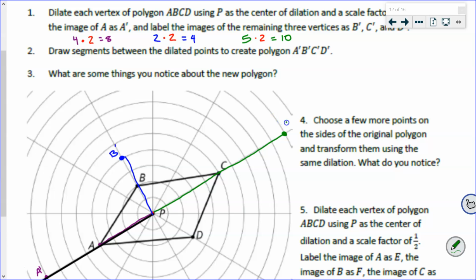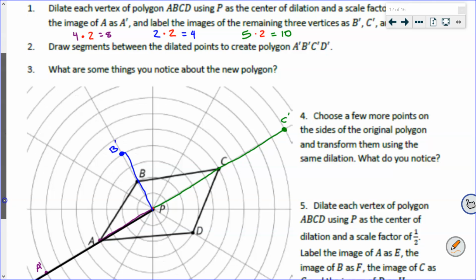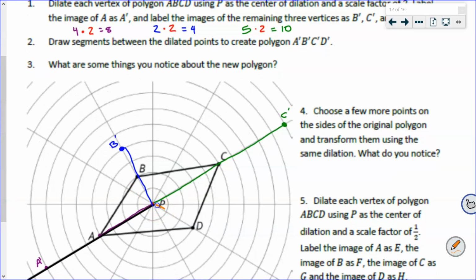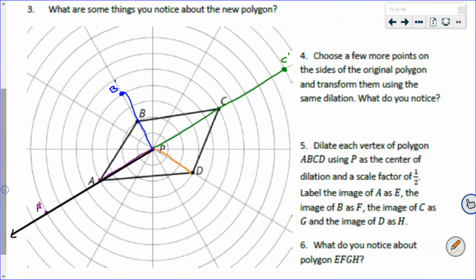And there's C prime. And lastly, D is 1, 2, 3 away. 3 multiplied by 2 is 6. So now I know where D prime is going to be. It's going to be on that same path, but 6 away. There's that D prime.